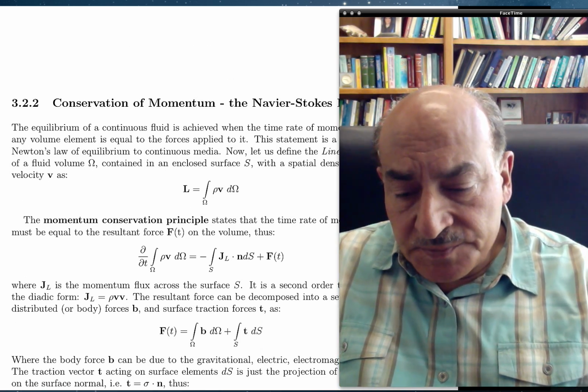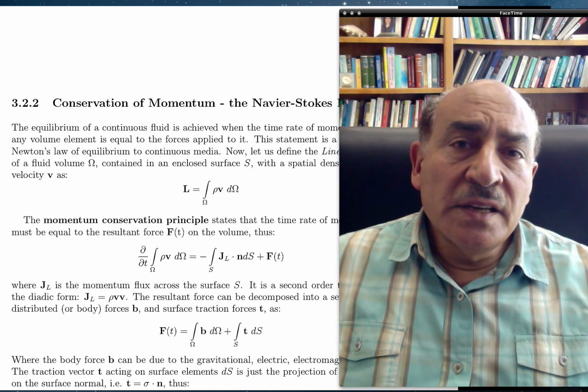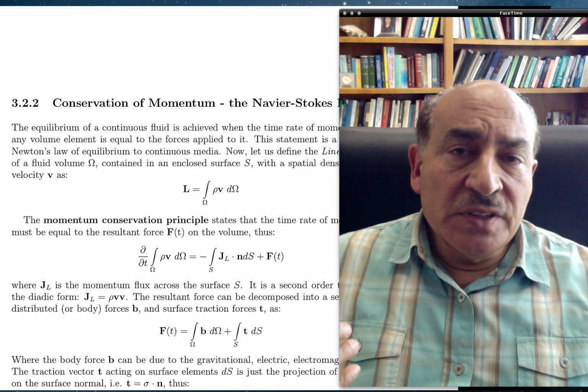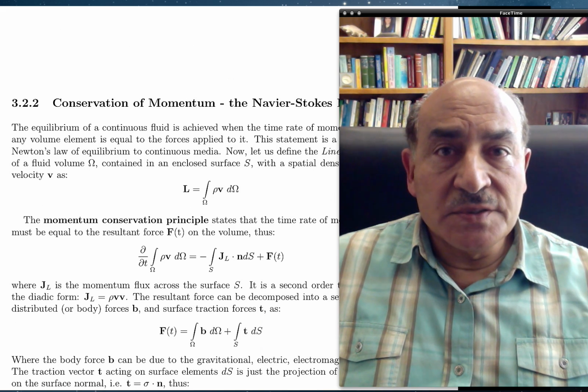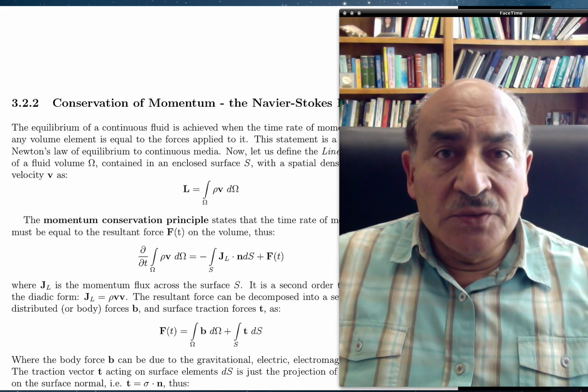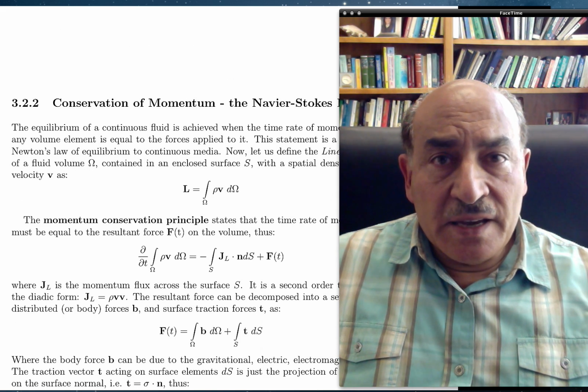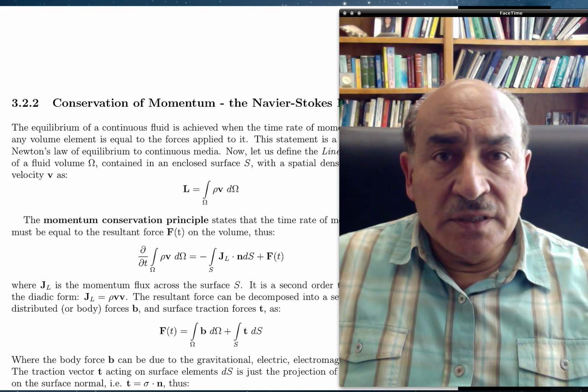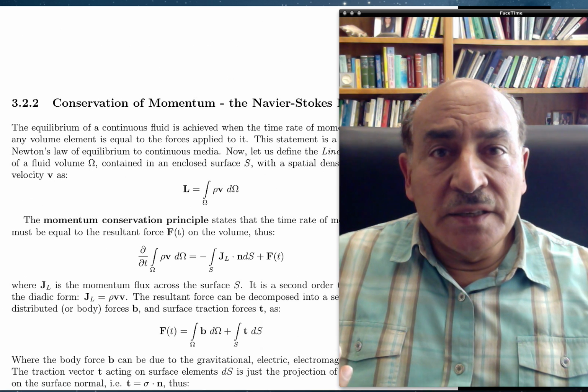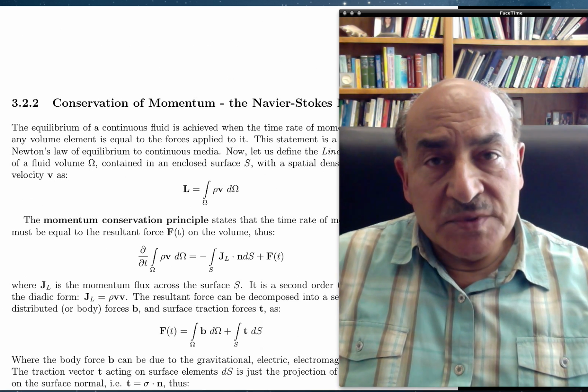So if you look here, you'll see that the linear momentum, we know that for a particle is the mass times the velocity. For a fluid volume element, if you have a volume d omega, then you have an amount of mass, which is rho times d omega.